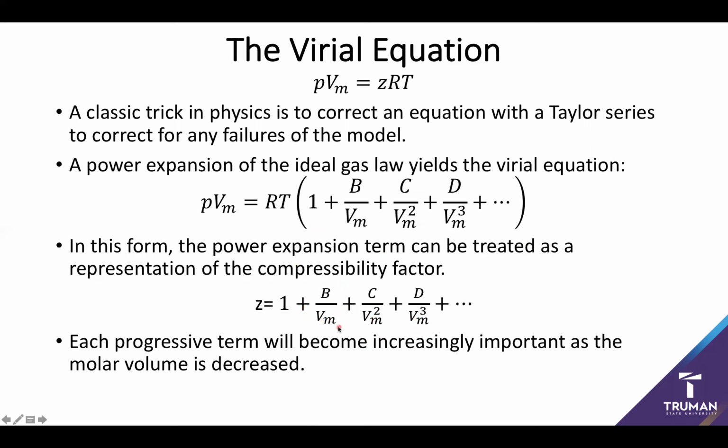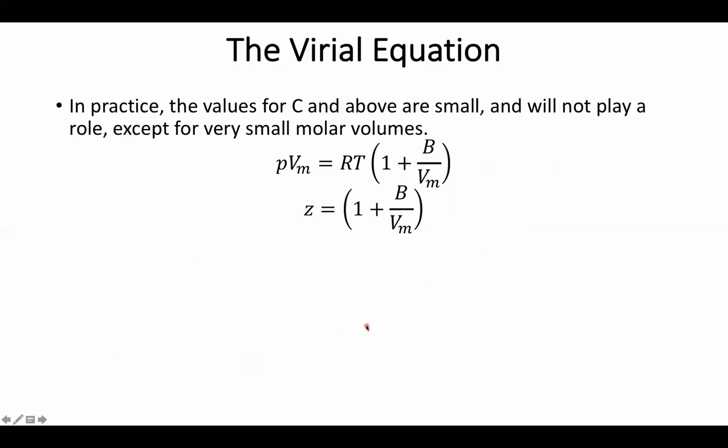So this is one of the reasons why we make sure that we cover Taylor series in Calc 2, because it's a very powerful tool in taking a simple model and expanding it into more complex systems. But it turns out that in practice, a first order correction is generally sufficient.